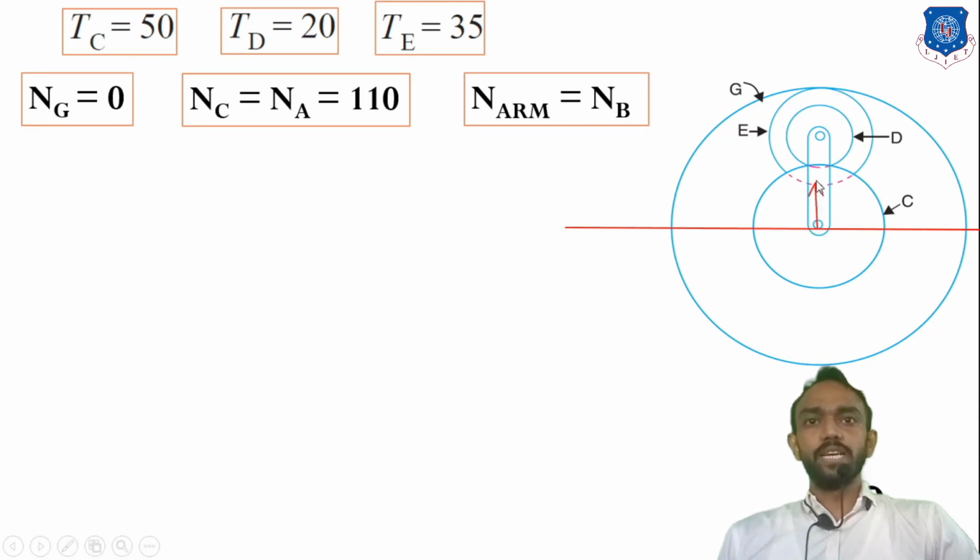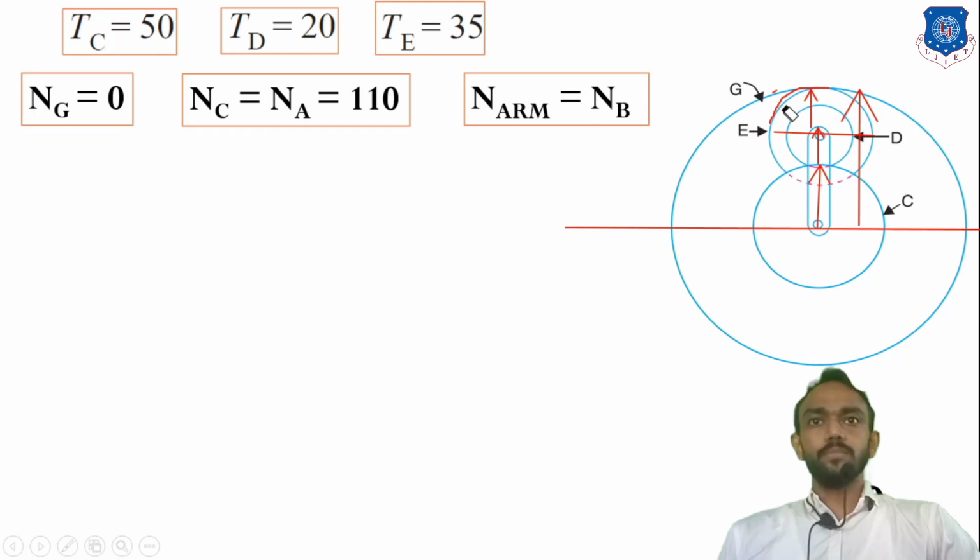First, the radius of C plus the radius of D plus the radius of E can be taken as the radius of G. Radius of C means half, up to this point, then the radius of D, and from this to the end point we consider the outer gear.